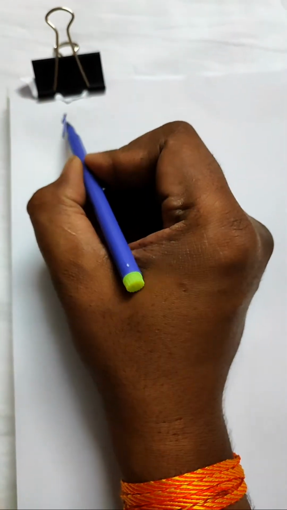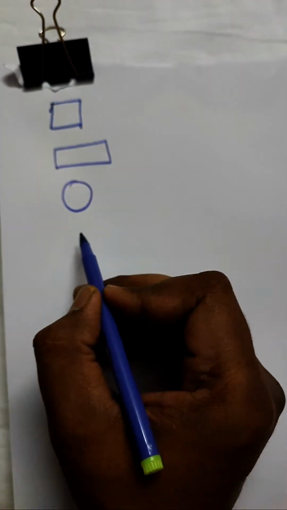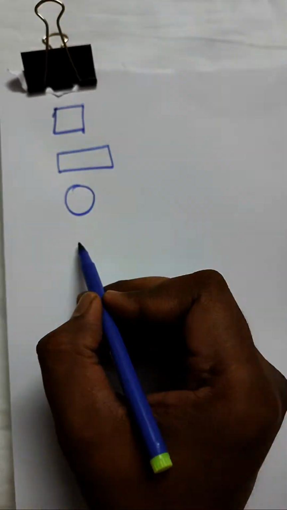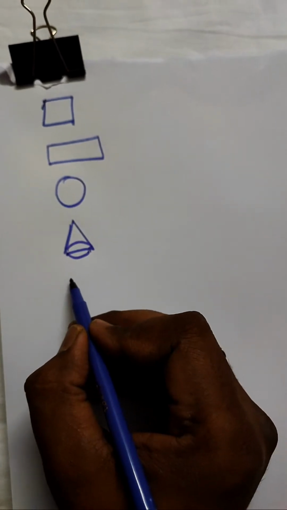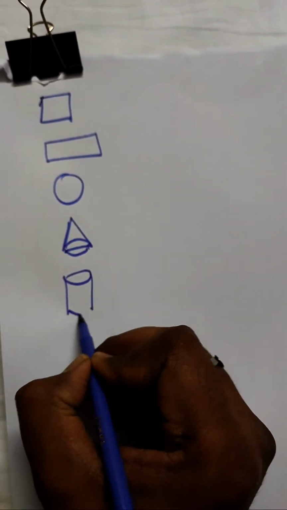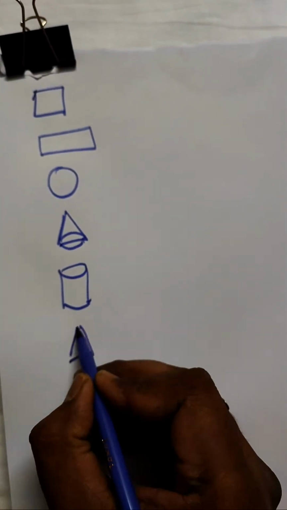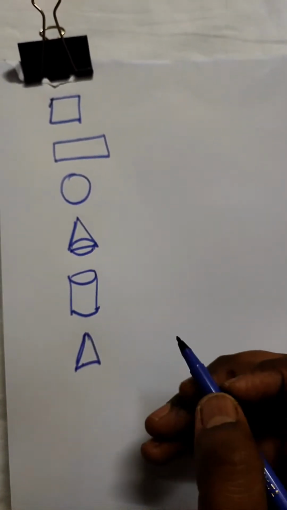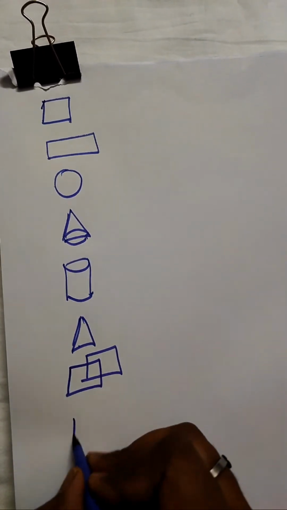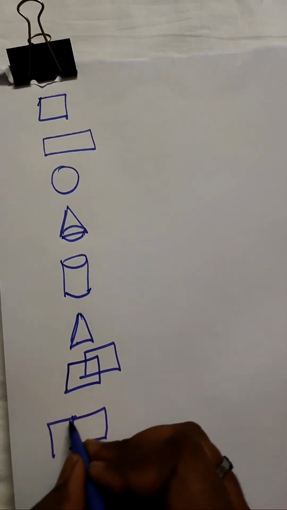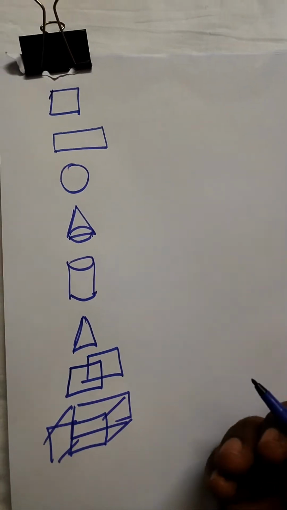If we have a square, a rectangle, a circle, a cone, a cylinder, a triangle, a cube, a cuboid. So what are the areas?